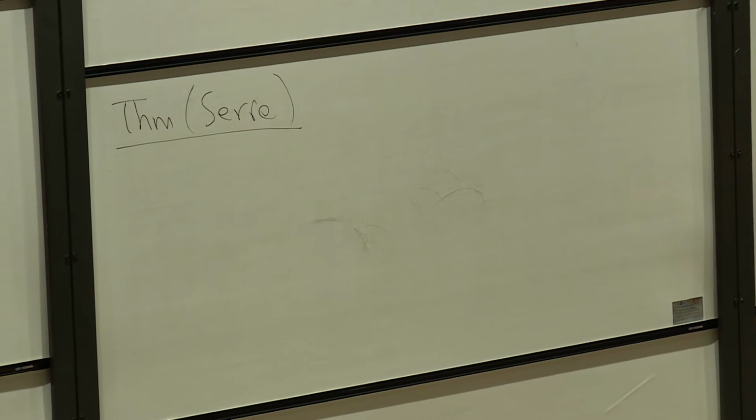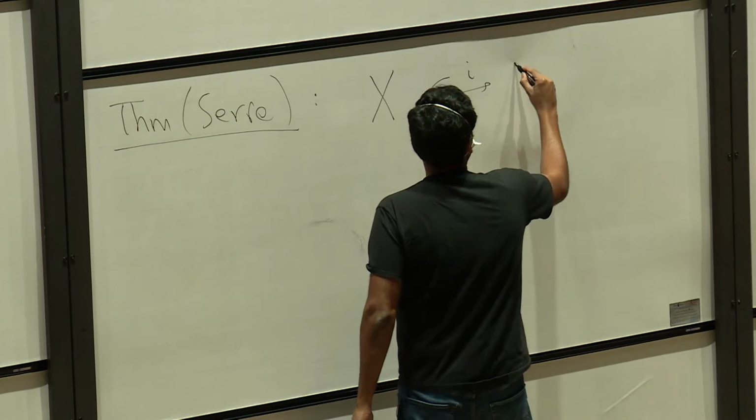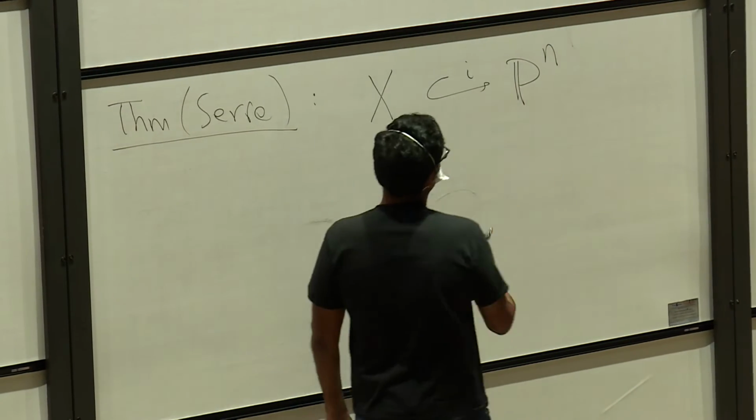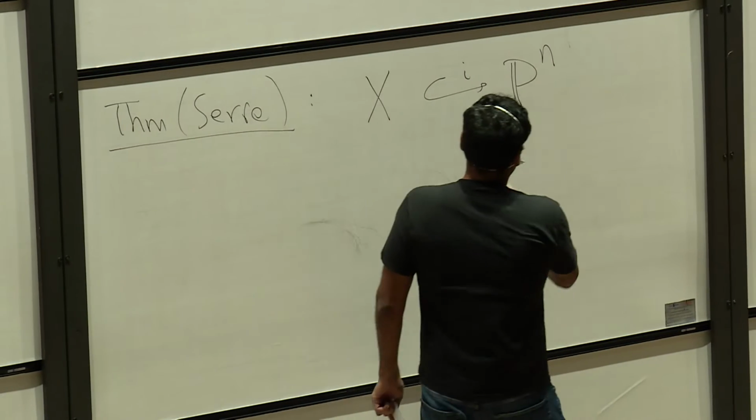So it's the following statement. So let's say our projective variety is actually given to us as a projective variety. So it sits inside projective space over the complex numbers with an embedding.